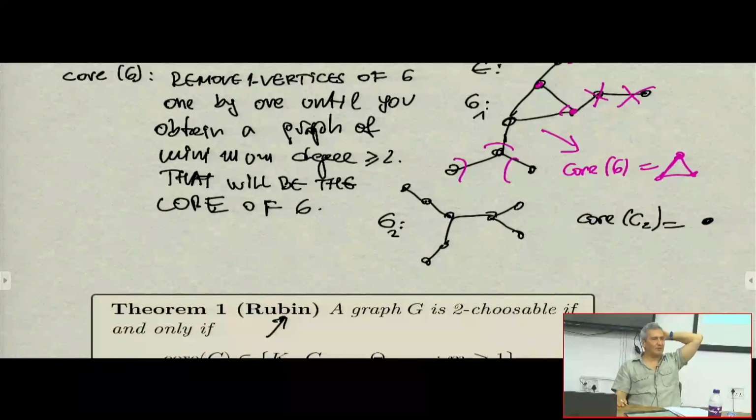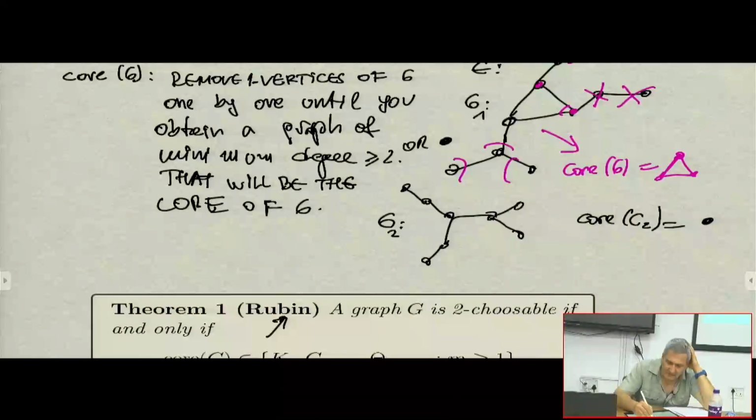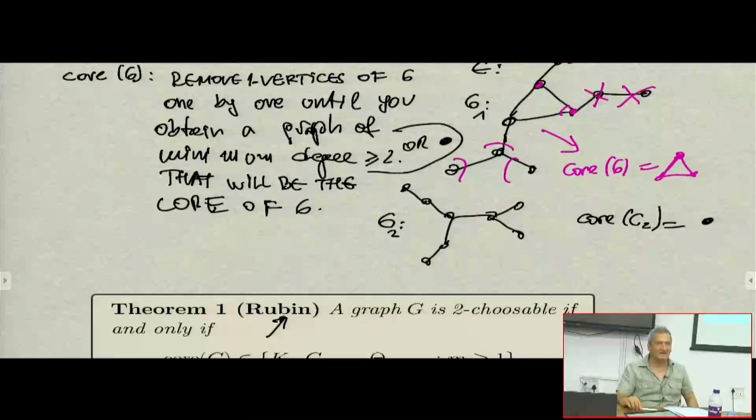At the end we will get just one point. This is not degree 1, this is degree 0. The minimum degree condition is not violated by a single vertex; I overlooked it here because I'm in a hurry. So this is the core.